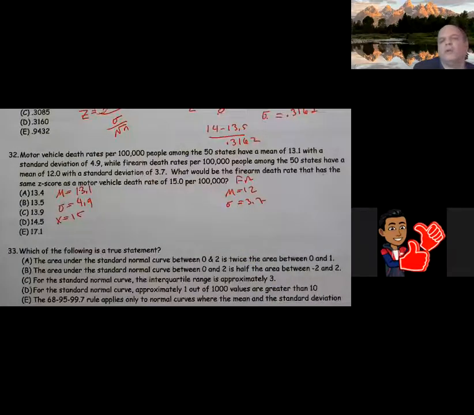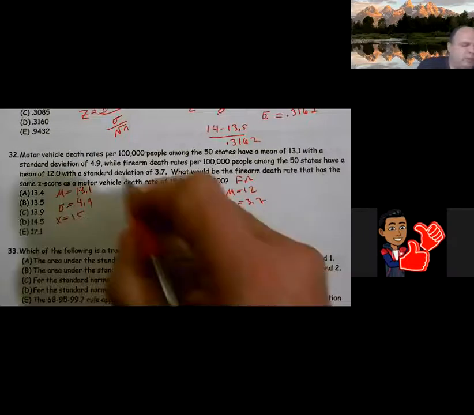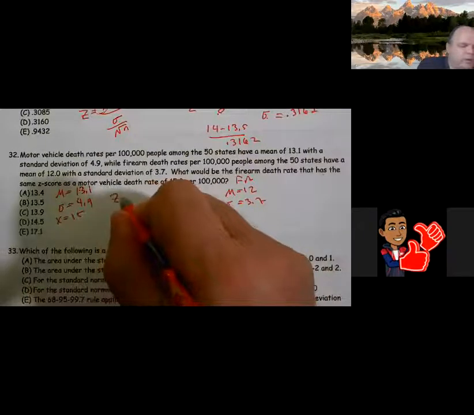Now I could go through and calculate all the probabilities, but really all I need to work with here is a z-score.